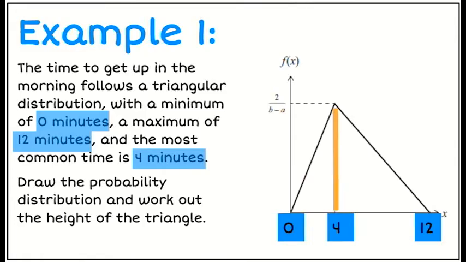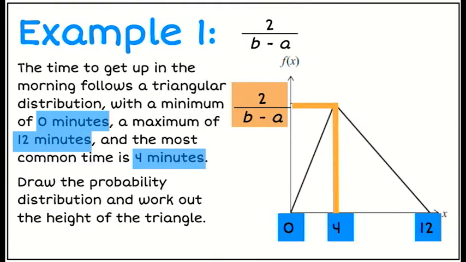So what we need to do now is work out what that height is, and that's our formula 2 over b minus a. Using that formula, our b value, which is our maximum, is 12. A is our minimum, which is 0.